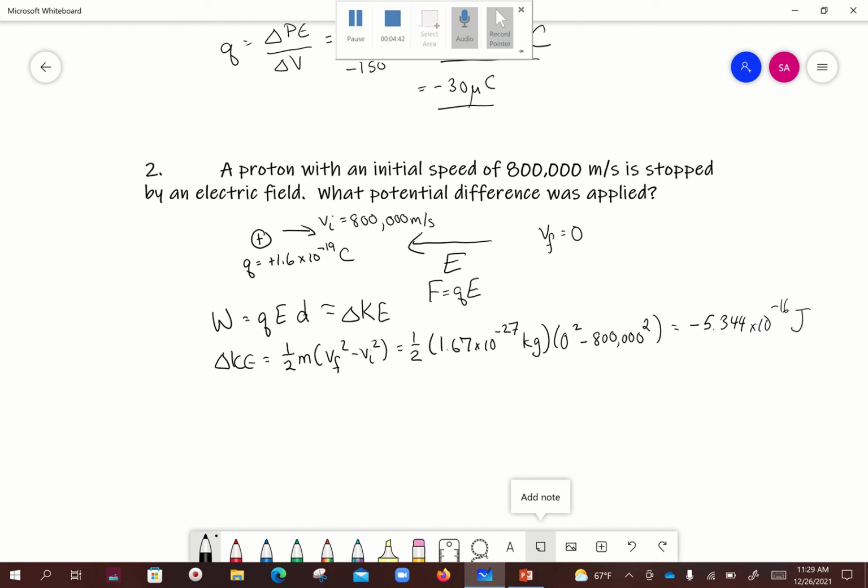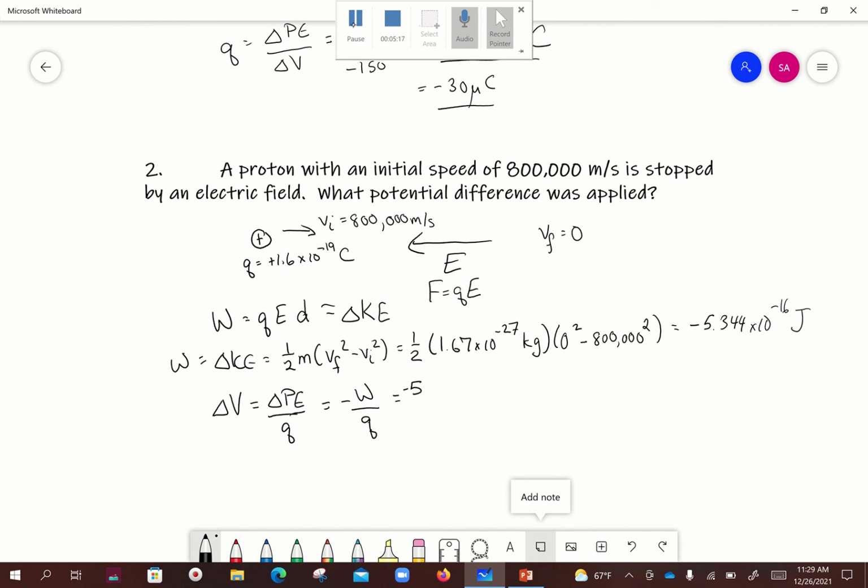All right, so how do I calculate the potential difference? Well, what I know is that potential difference, delta V, is the change in potential energy over the charge. Okay, and I know what the charge is. Or that's equal to minus the work over the charge. Okay, so I've got my work, which is delta KE.